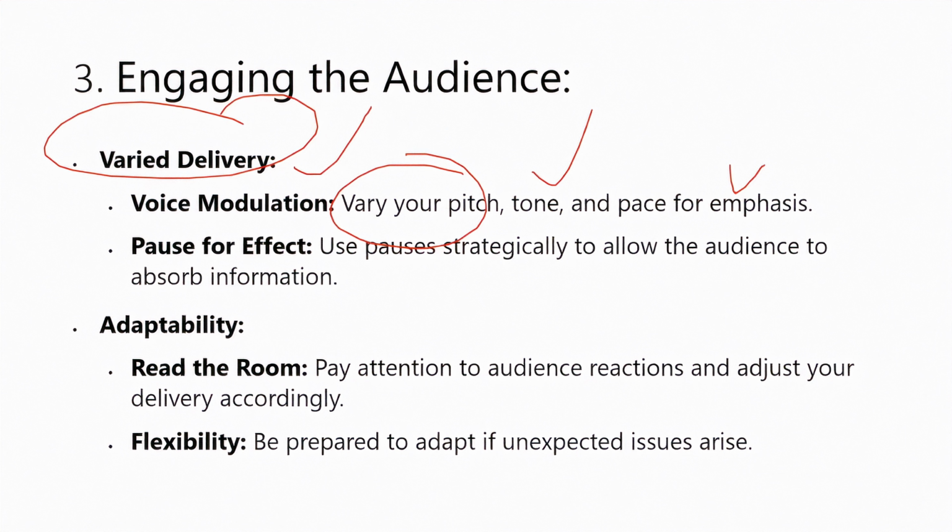If there is a flat voice, with no variation in the tone, it becomes boring. Pause for effect. When you have said something, you have expressed something, pause a little. Let the audience absorb and understand what you have said.